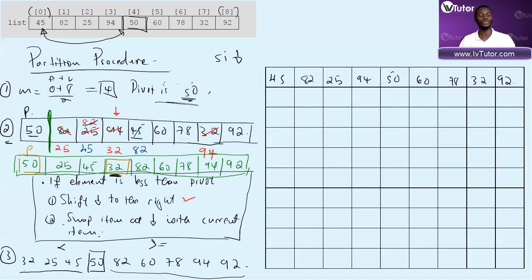That's how you know you have successfully partitioned your list, which means in this case, I can then say after the code, my partition procedure, I now have 32 sitting here, 25 sitting here, 45 sitting here, 50 sitting here, 82, 60, 78, 94, 92, and this here is my pivot.